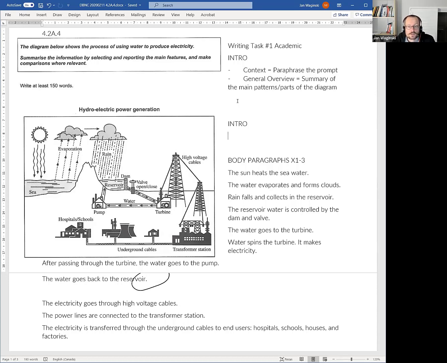Okay, so what I'd like you to do is, in the chat, first I'd like you to paraphrase the prompt. The first stage is always, they give you this general description of what we're talking about. First step is always just put that in your own words. That is your first sentence.